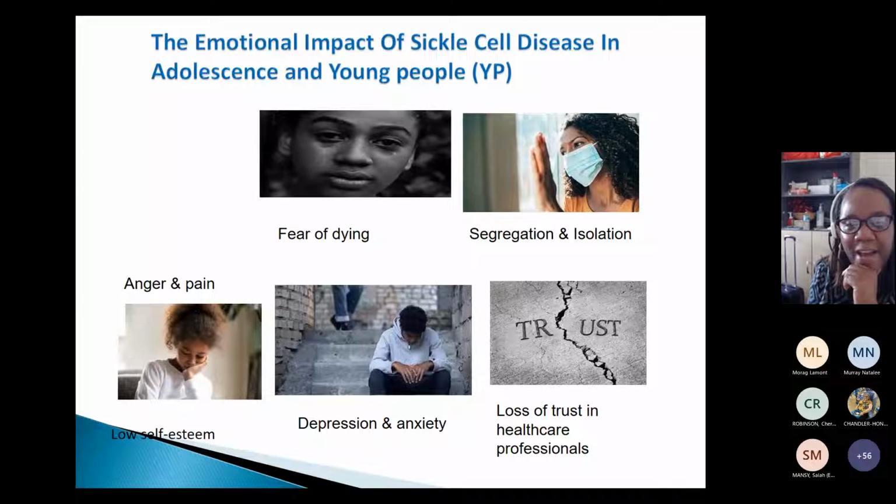The emotional impact is quite heavy, obviously, as a whole. So the young patient can have fear of dying, especially if they've been an inpatient, and especially if they felt that their care has not been as it should be. They feel also isolated in terms of who they can talk to.